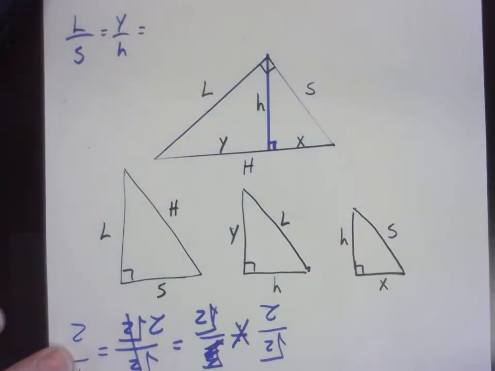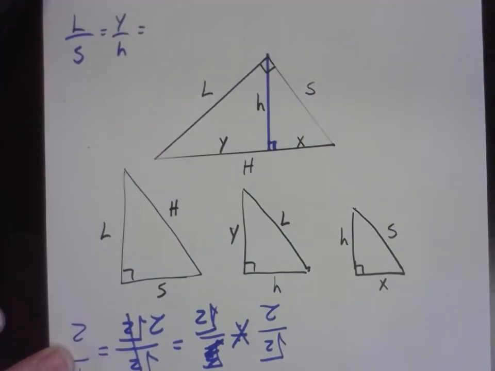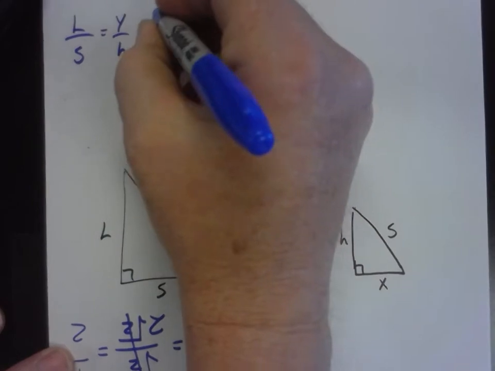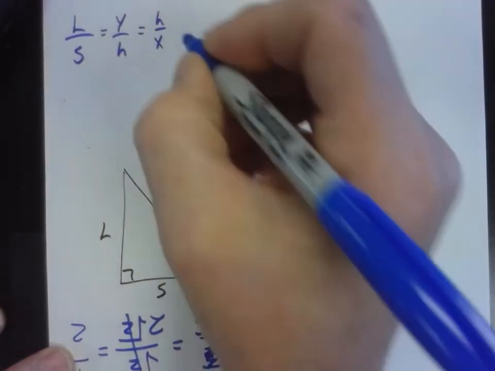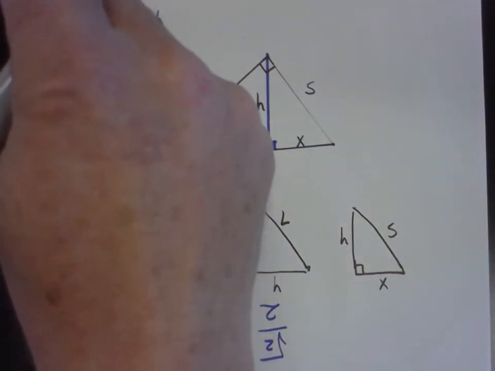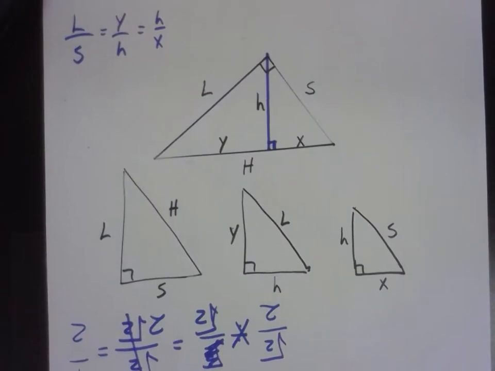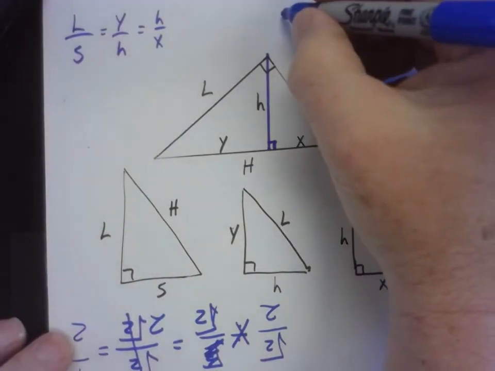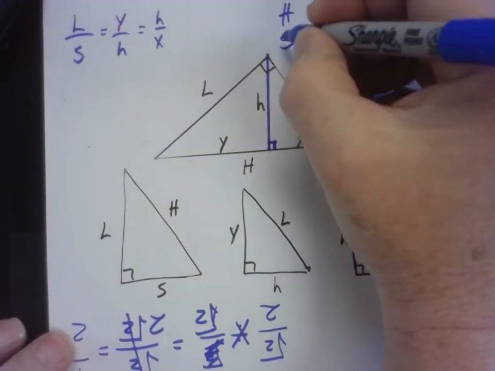And it also equals what? Little h over x. All these are proportional, aren't they? How about h over capital S?